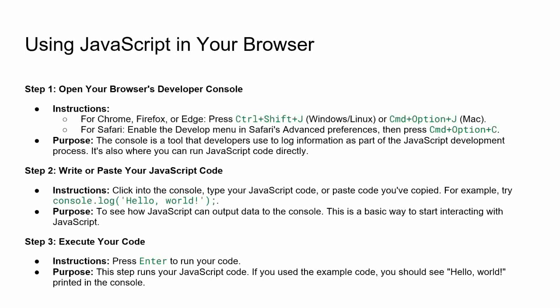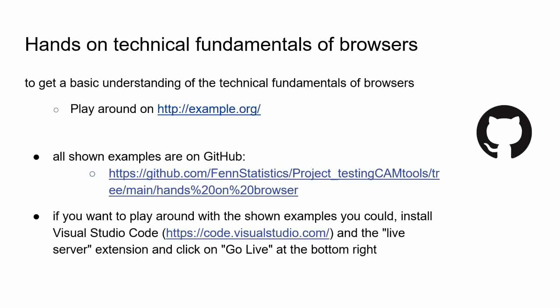If you want now to look under the hood of your browser, you can open the so-called console, which I will show you on the next slide. If you, for example, want to try around with the example.org webpage, you just can click on it.